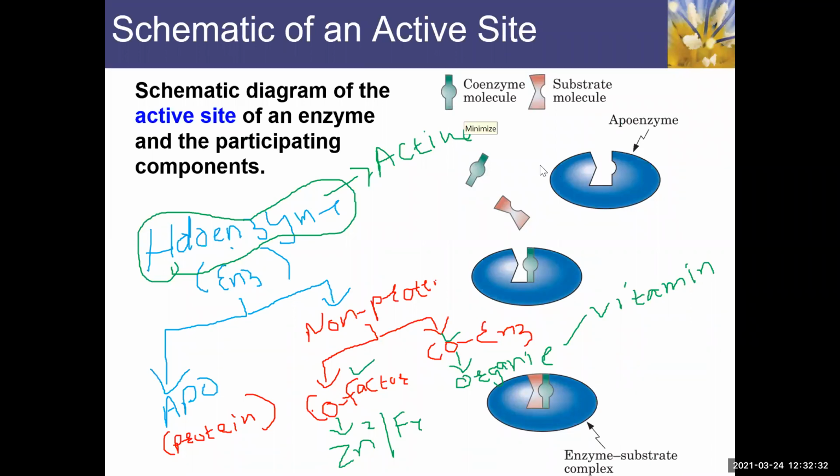Now you might see that some books write that holoenzyme is an apoenzyme plus cofactor. They call coenzyme also a cofactor, but that depends from one book to the other. But this is the real definition. Sometimes they say we need an apoenzyme plus cofactor, right?